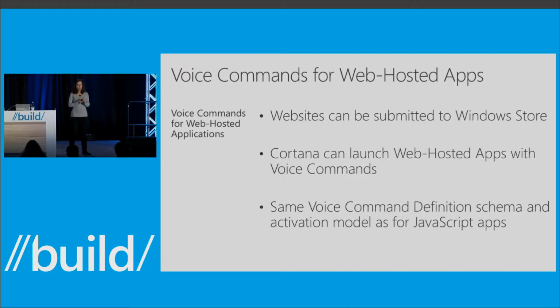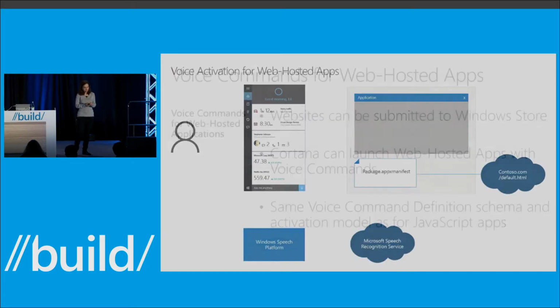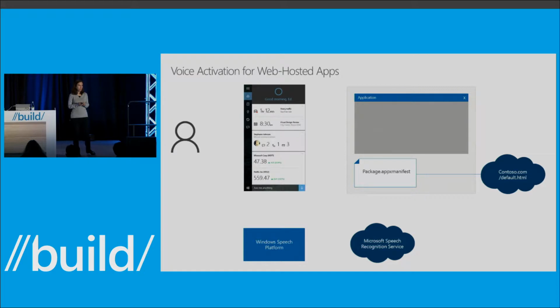The same voice command definition schema applies for web-hosted applications, and the same activation model applies as for JavaScript Windows Universal apps. So let me show you how this works at the very high level.